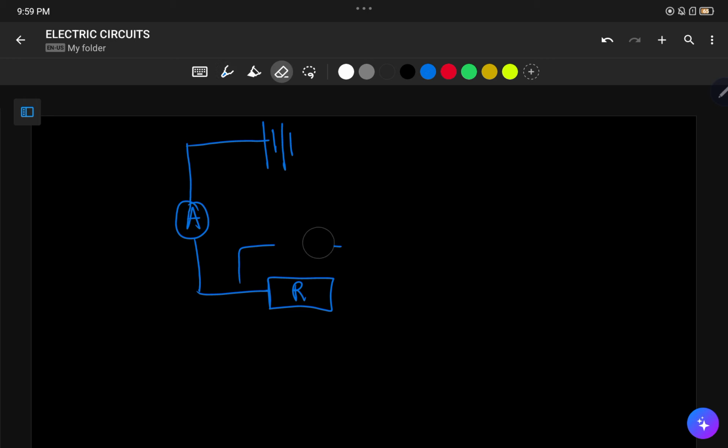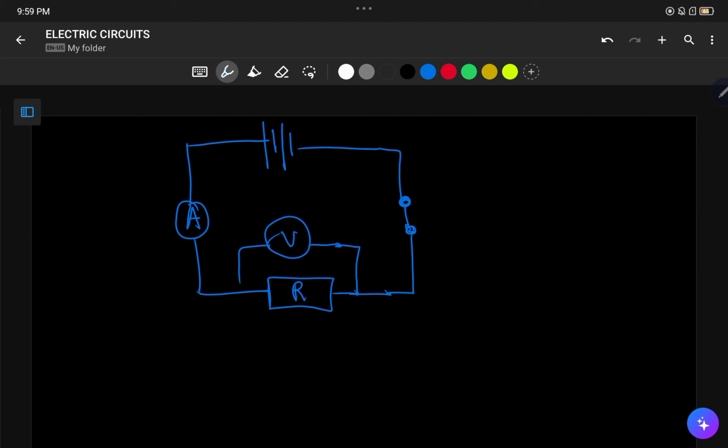So, when we're speaking about electric circuits, what are we referring to? In the aspect of electric circuits, we are concerned about this illustration, where we have different components in it.